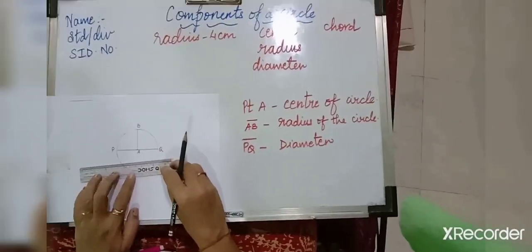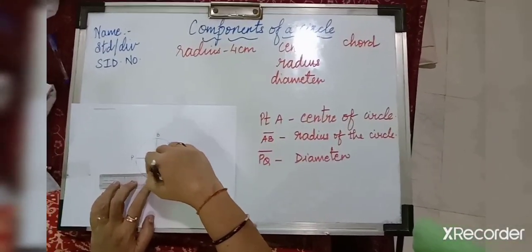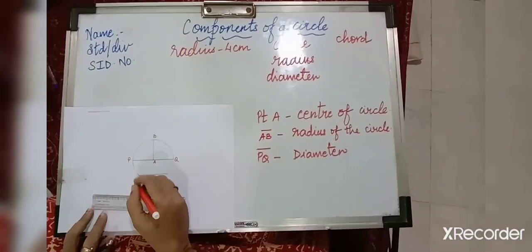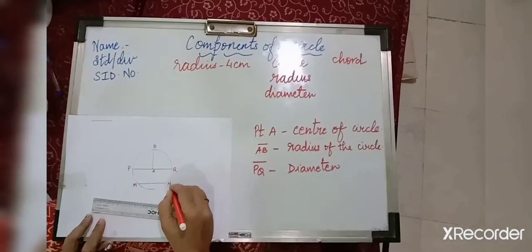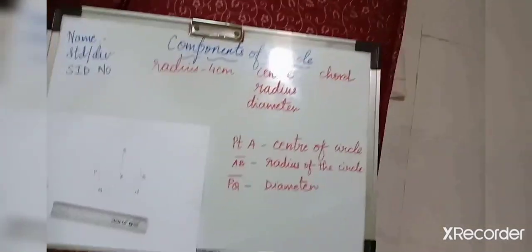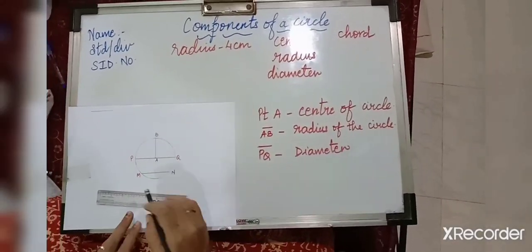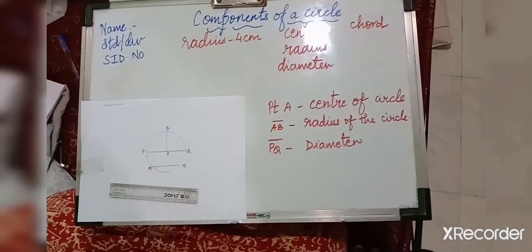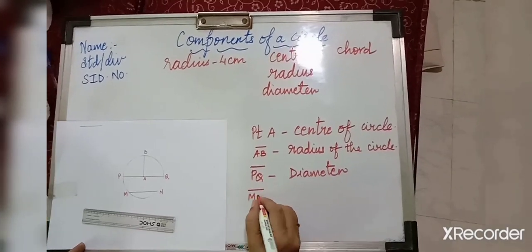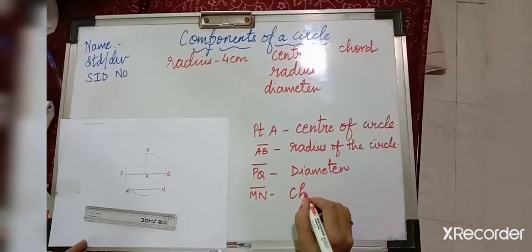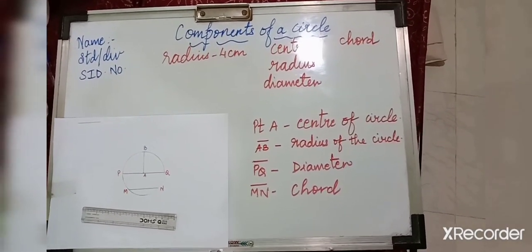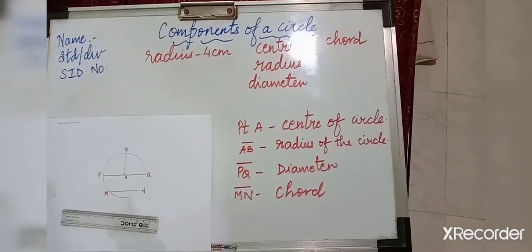So if I draw a line segment joining any 2 points on the circle, let me name them M and N. Here segment MN is the chord of the circle.